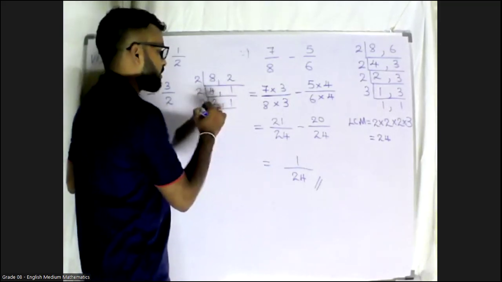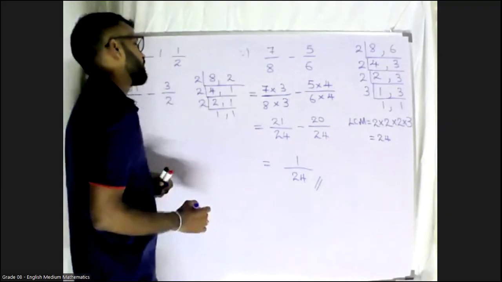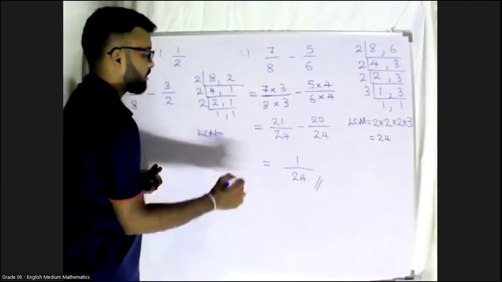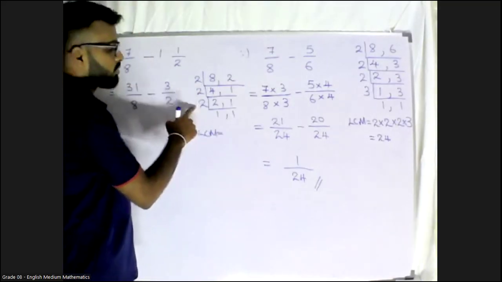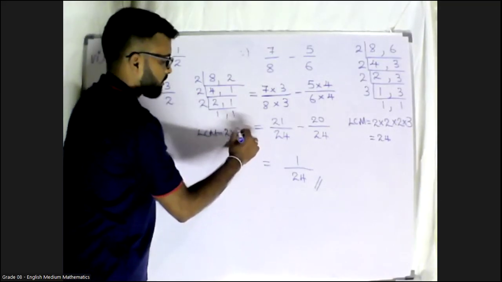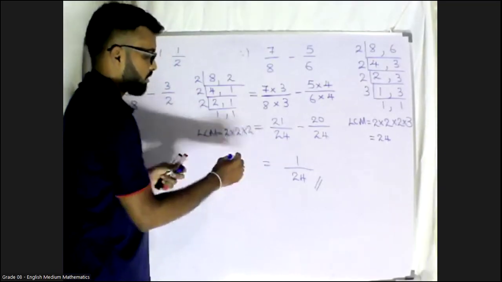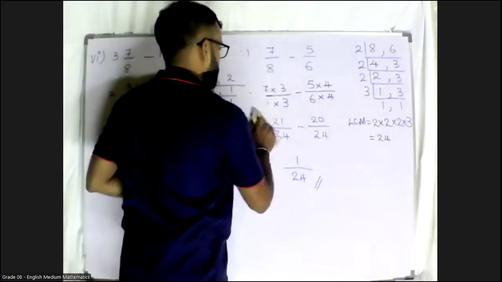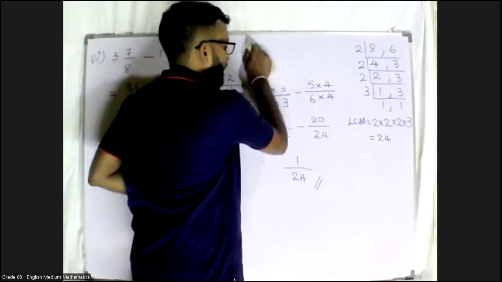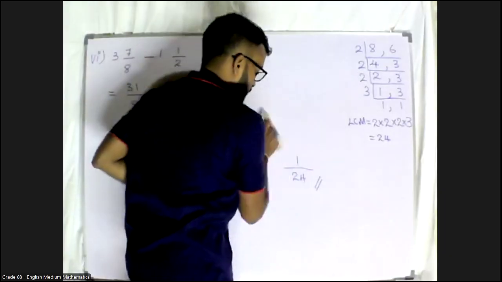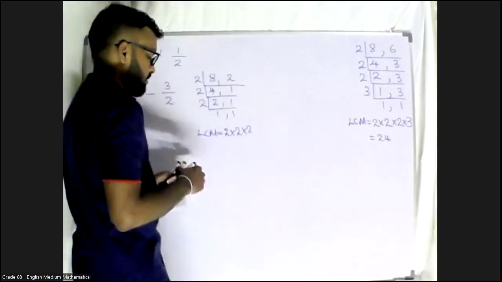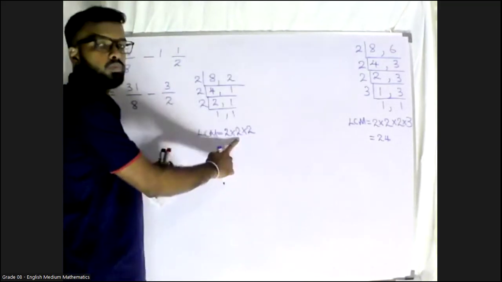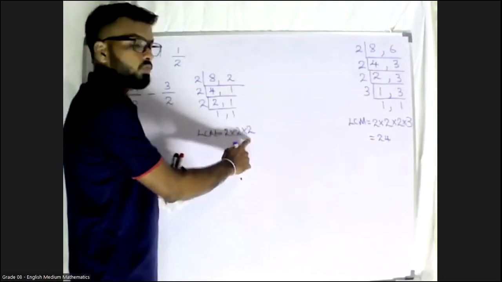Until you obtain 1, you can divide. So LCM equals 2 times 2 times 2. 2 times 2 times 2, 4. 4 times 2, 8.